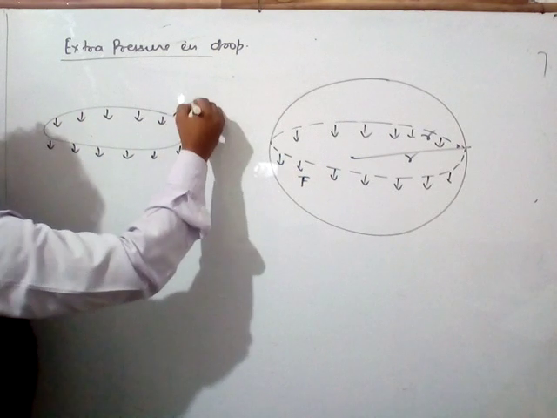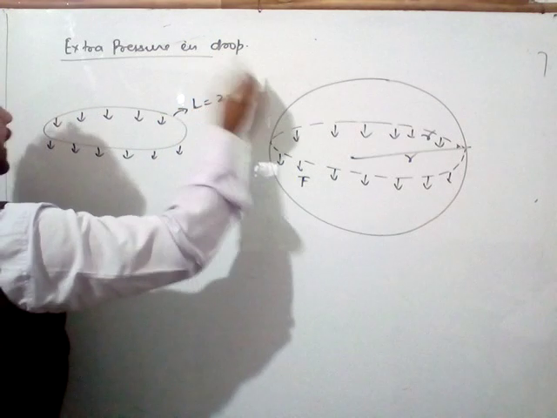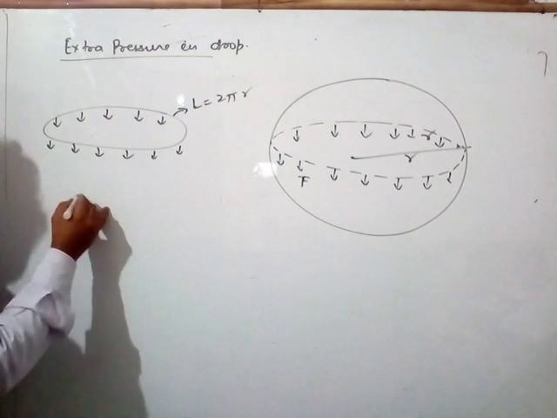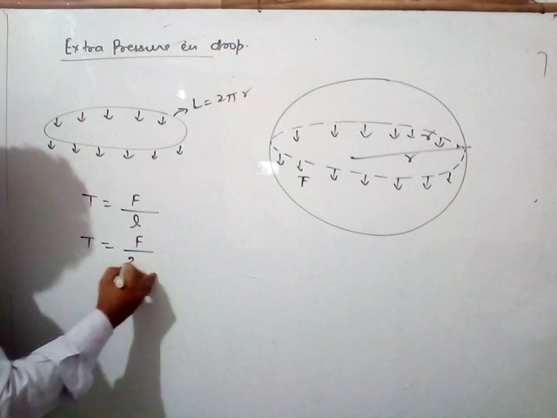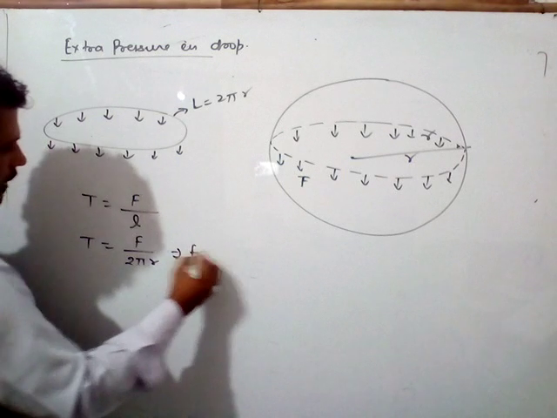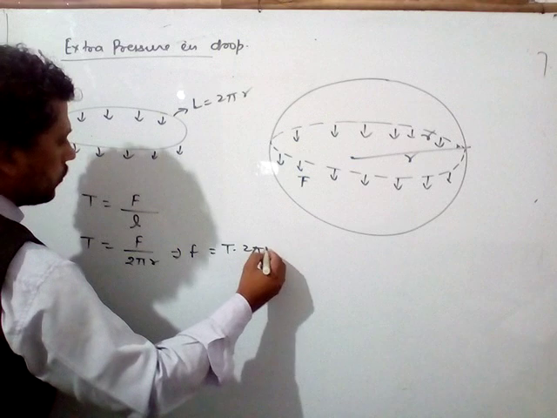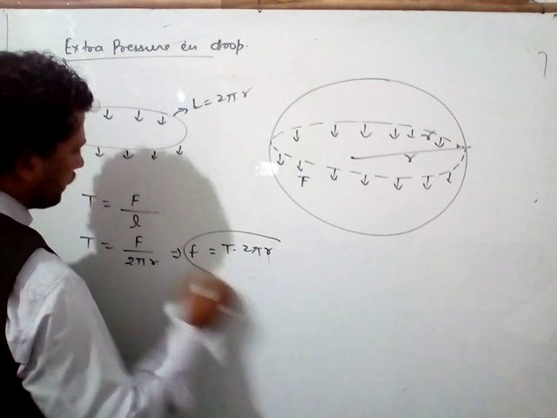So its length is equal to 2 pi r. So T is equal to F by L, so T equals F by 2 pi r. So this force is equal to T into 2 pi r.